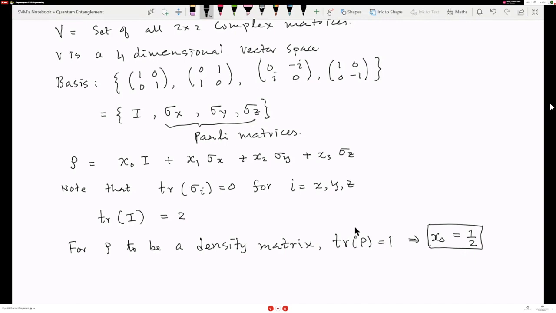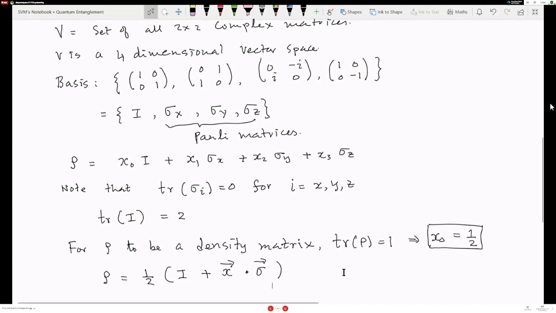Now we can write this rho as half times identity plus a vector x dot the vector sigma. What is x? The vector x is x1, x2, x3, and the vector sigma is sigma x, sigma y, sigma z.